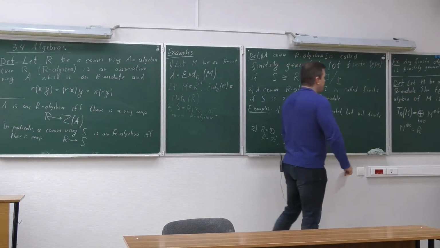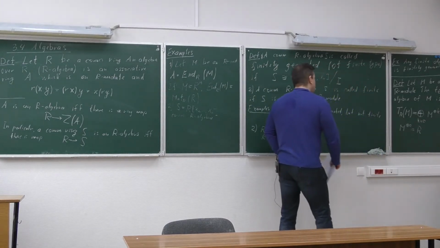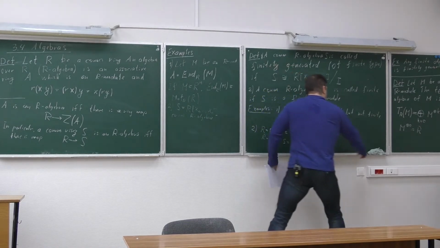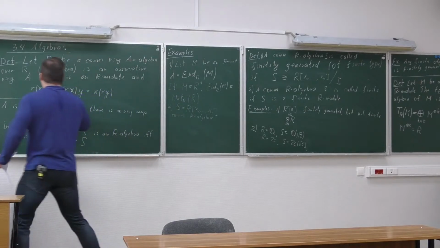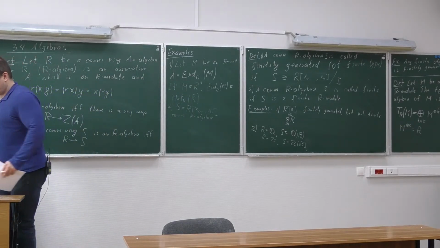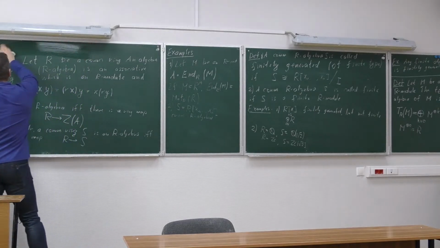And by the way, this will be a graded algebra, but I don't think that we're going to use any graded structure here. So this is how this is defined as a module. Now we can also define multiplication.